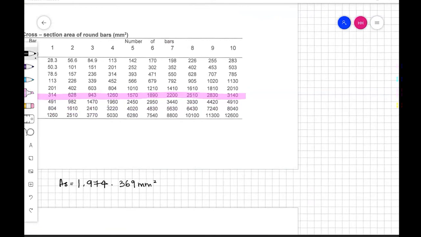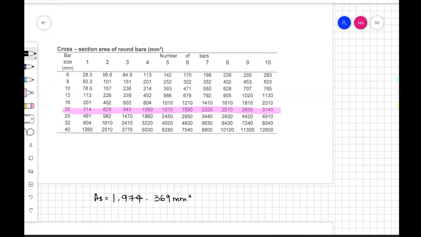So kita kena select, okay, yang bar size ni 20 mm diameter, berapa number? Anyone nak try? 1890 Miss. So, maksud you kita nak pakai 6Y20. Betul?